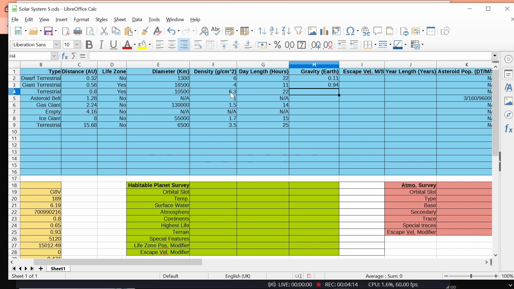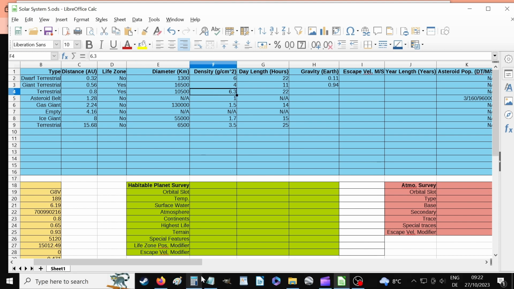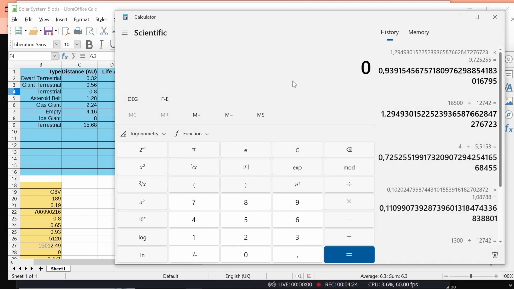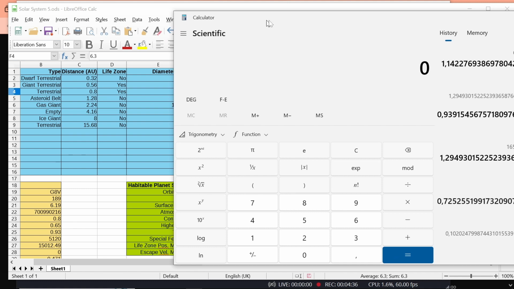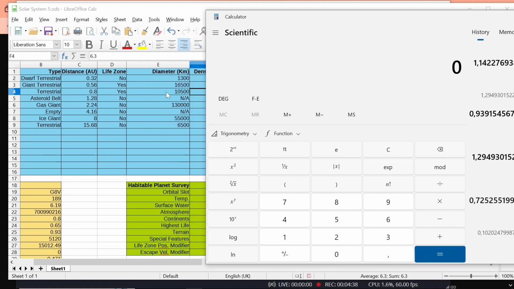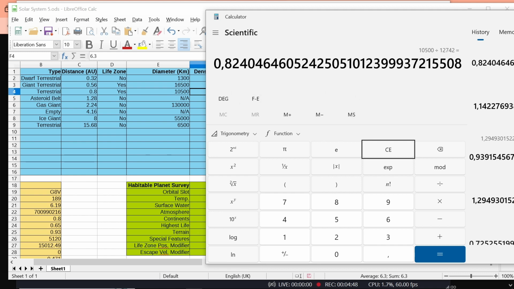Terrestrial, it has a density of 6.3 and a diameter of 10,500. So we'll start with the density of 6.3. 6.3 divided by 5.5153 equals 1.14227. Our diameter was 10,500. 10,500 divided by 12,742 equals 0.82.